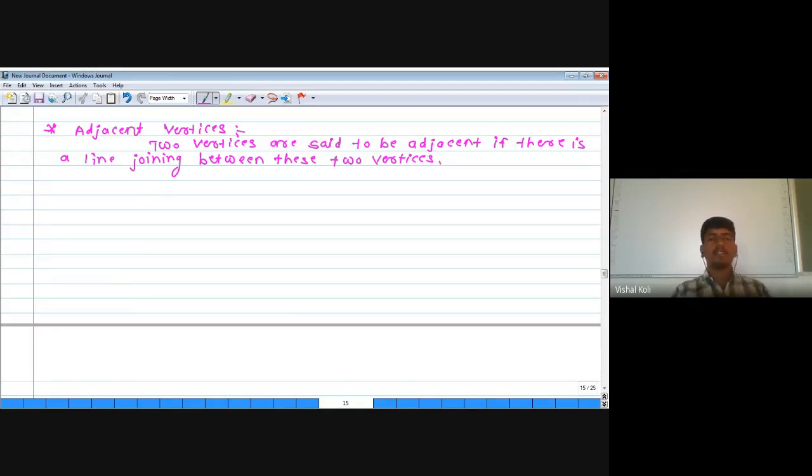So any two vertices V1 and V2 of a graph G are said to be adjacent if there is a line joining between these two vertices. Let us see its example.